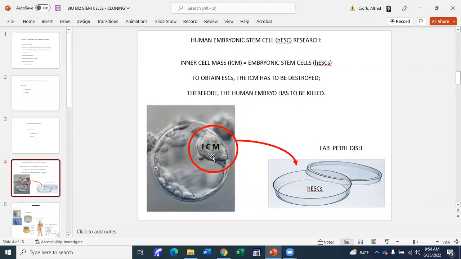And then extracting him or her from that environment, trying to pluck out 1 or 2 of these cells. That's another thing too. We don't really know if plucking some blastomeres from the ICM is going to damage the ICM or not. It's going to compromise the integrity of the ICM.